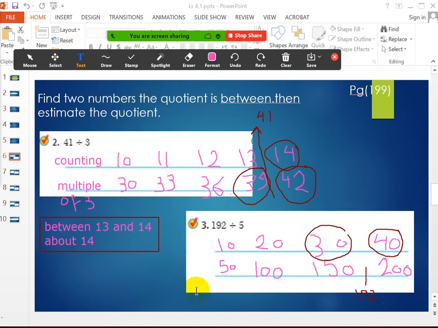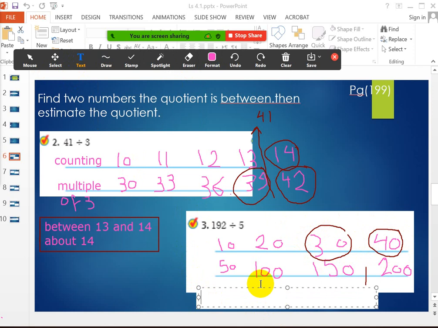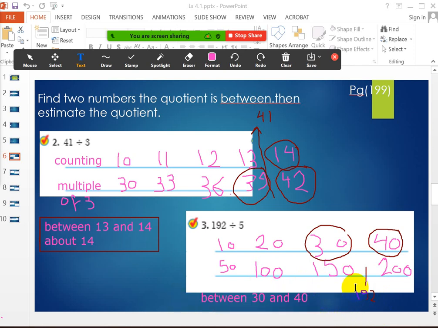So, the answer for this question, the quotient, will be between 30 and 40. Okay? But 192, is it close to 200 or 150?